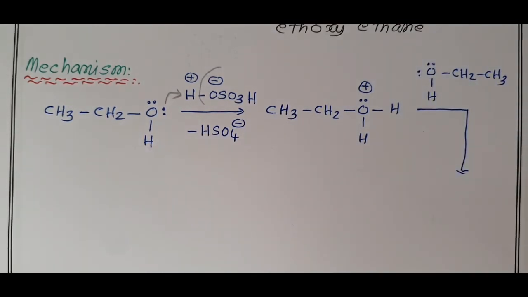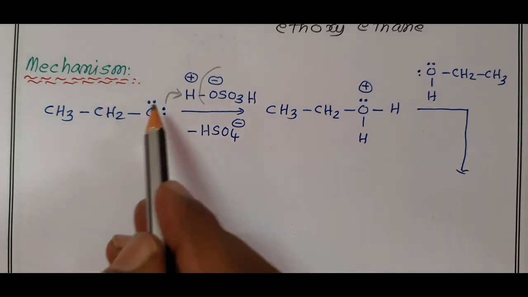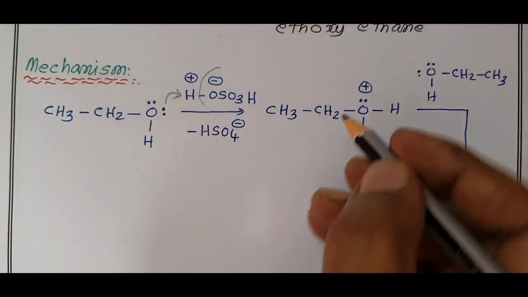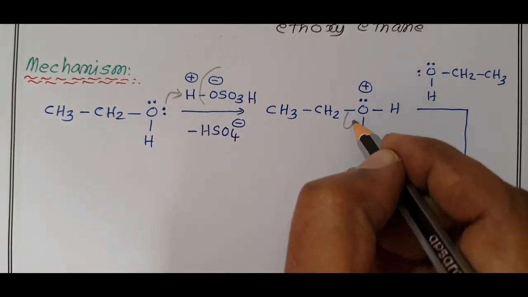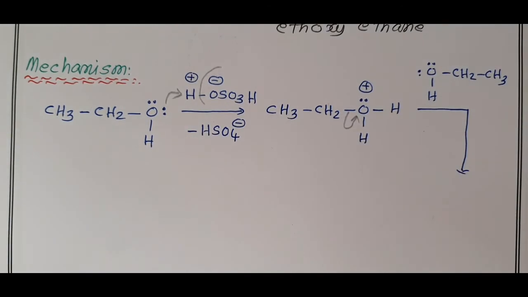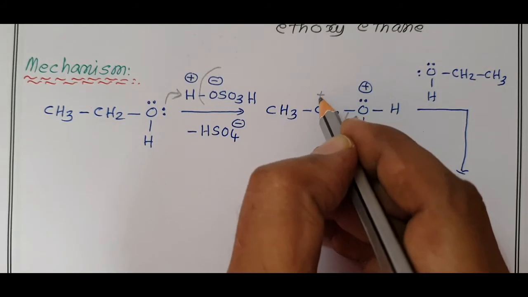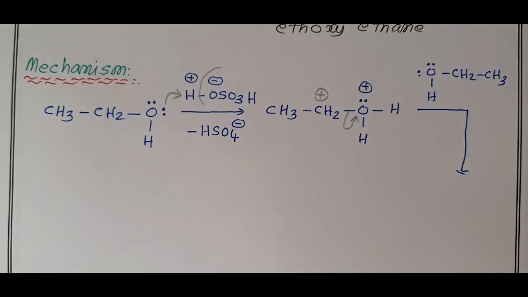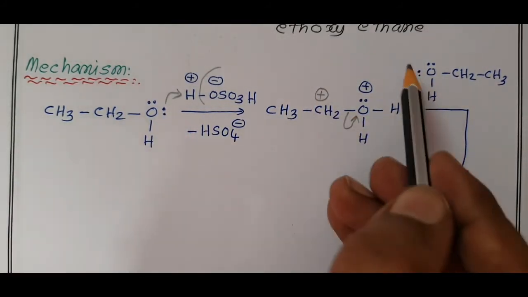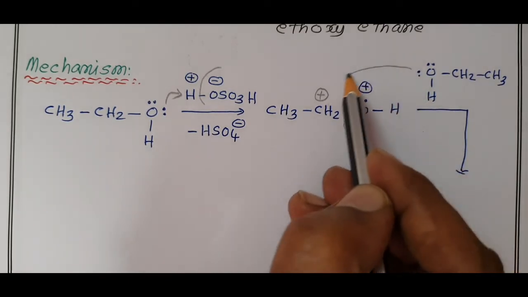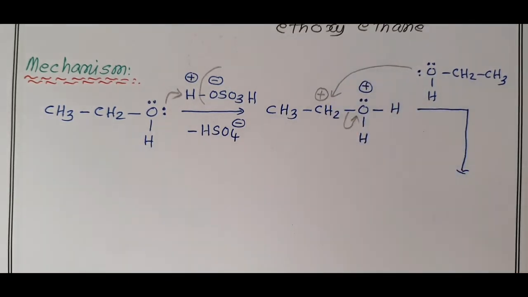We know whenever oxygen donates a pair of electrons, it removes a pair of electrons from a nearby bond. Carbon loses its electron, therefore the charge on carbon becomes plus.